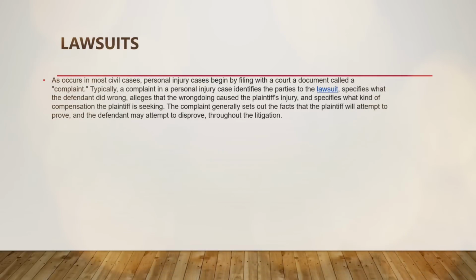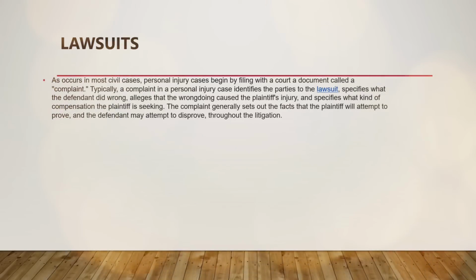Now we will take some ideas on lawsuits. As occurs in most civil cases, personal injury cases begin by filing with a court a document called a complaint.